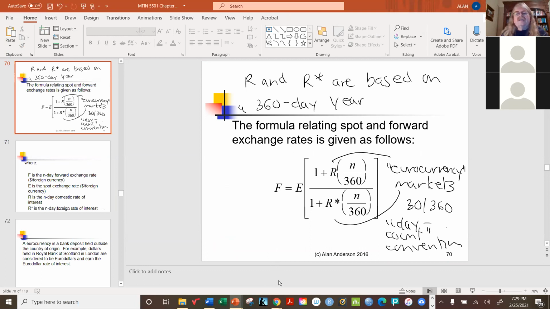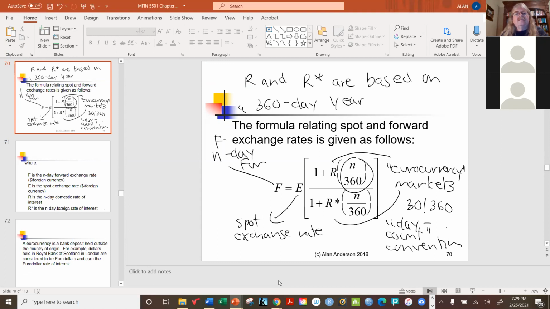Now, S is the spot exchange rate. And then F must be the forward. Here, this will be the end-day forward exchange rate. And that means now R is the domestic, which in our case would be euro dollars.